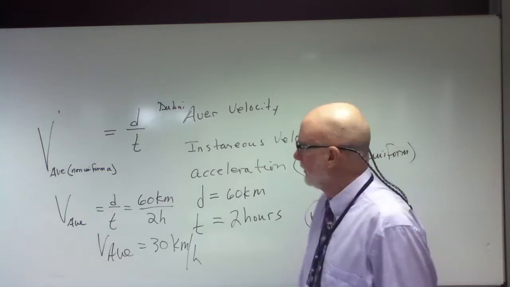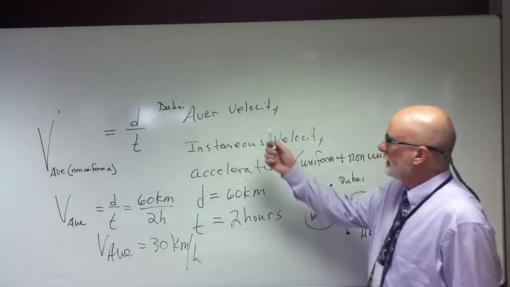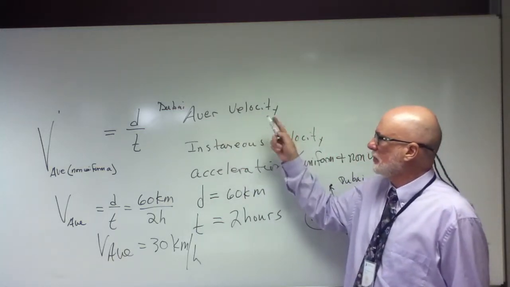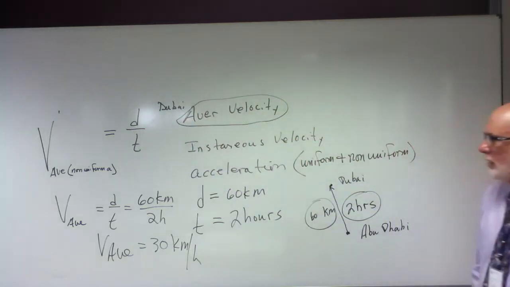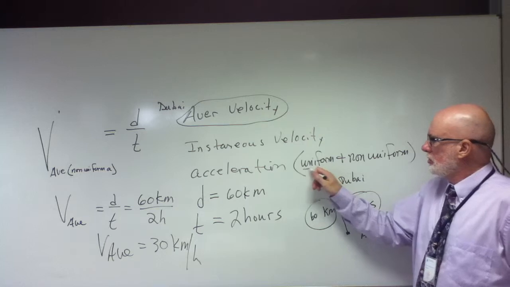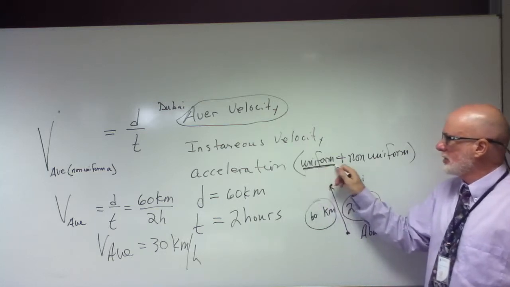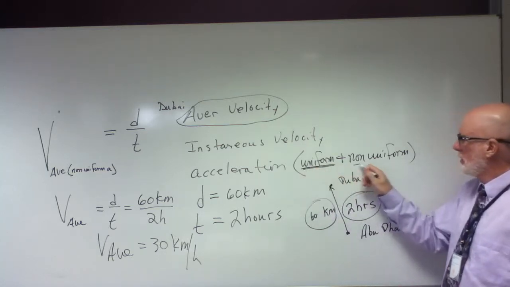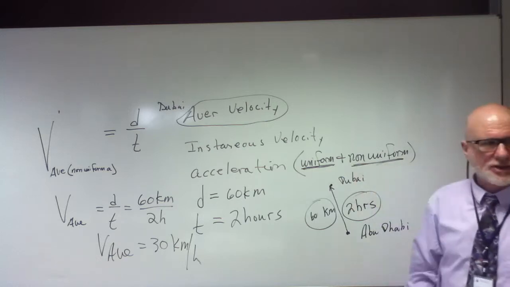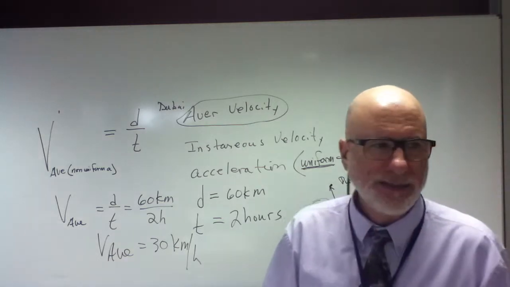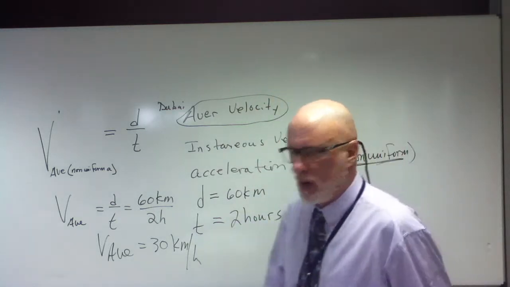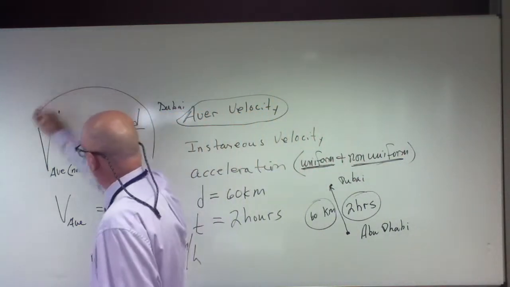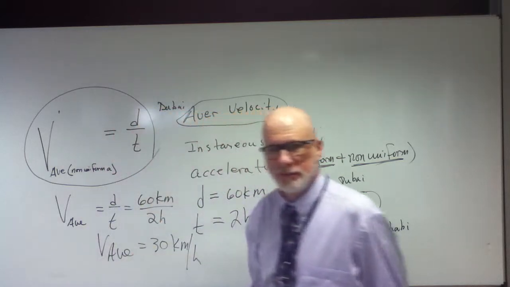Let's see what we did. We have to find average velocity. That's what we're trying to find. You have to decide whether you have uniform or non-uniform acceleration. We had non-uniform acceleration, therefore we used this equation.